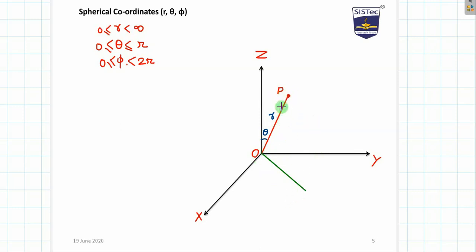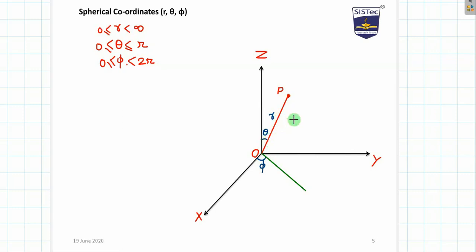If I want the projection of r on the xy plane, we draw the line like this, and the angle made by this projection with the x-axis is your phi angle. So this angle is phi. It is now clear what the r vector, theta and phi are.